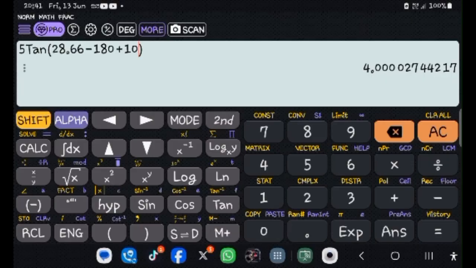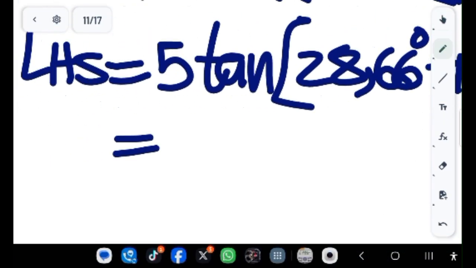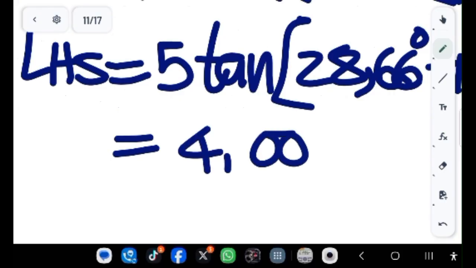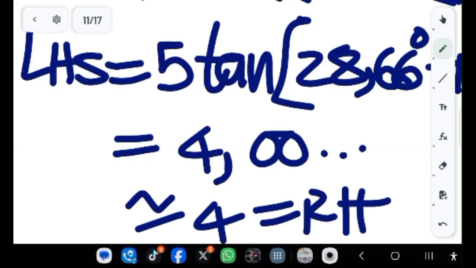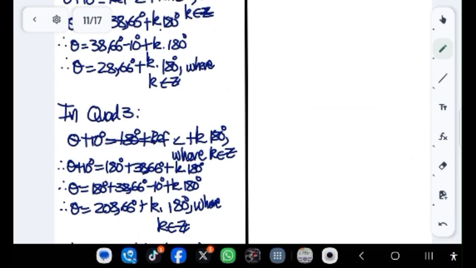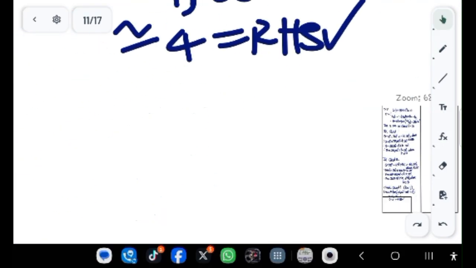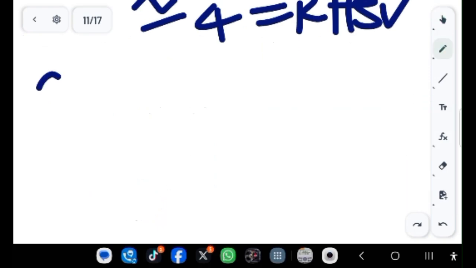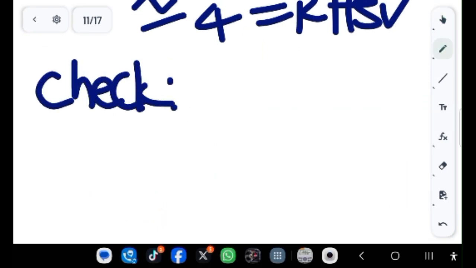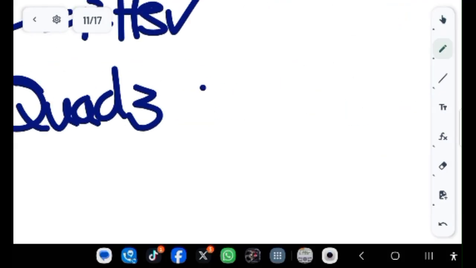And that gives us 4.00, which is approximately 4, which is equal to the right-hand side. So this one checks out. Let's check the quadrant 3 solution, with k equals 3.